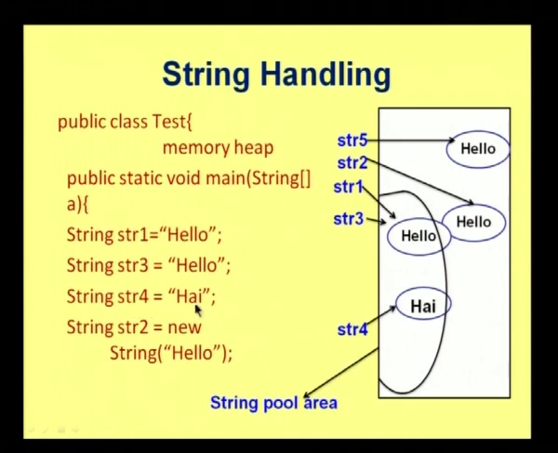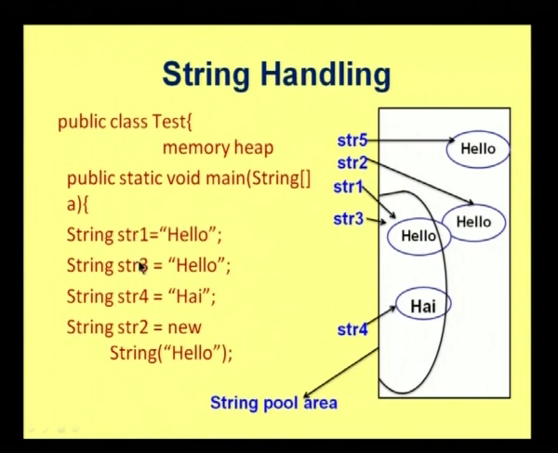Here for str4 we have assigned the value hi, and automatically a new string memory is allocated for the string variable and it's assigned. Then I have a new str2 where I am allocating memory. Here we have the new operator and I am trying to create a string with the same value. But in this case a new memory will be allocated and then assigned to the variable str2.